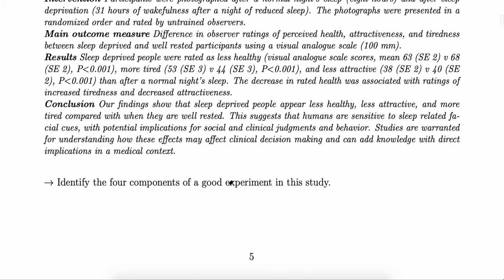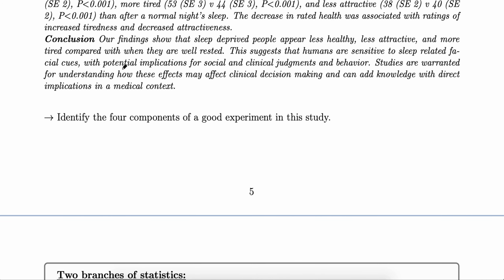So let's think about our 4 components of a good experiment and see how we can find those in this study. So we had this idea of a control group. In this particular study, the participants were their own controls. They were photographed both when they had a normal night's sleep and a sleep-deprived night.